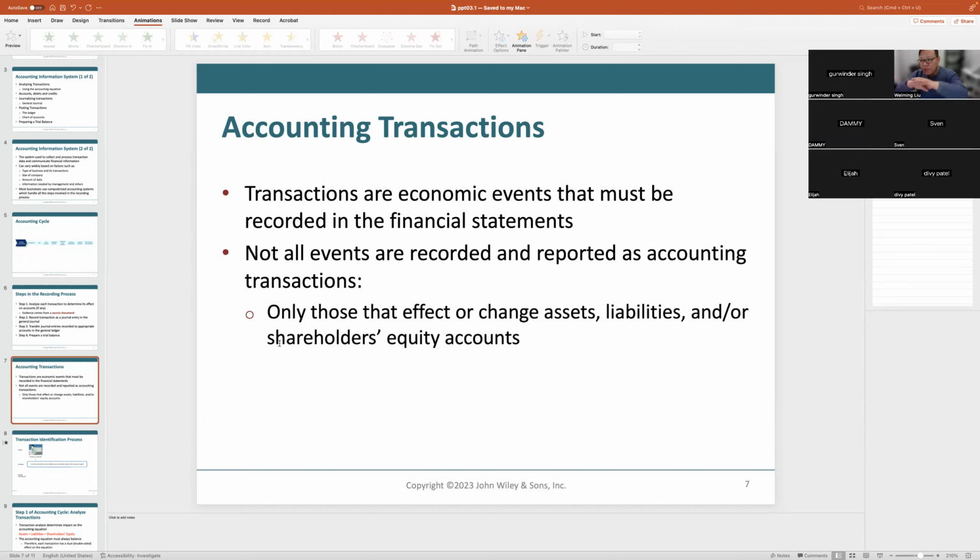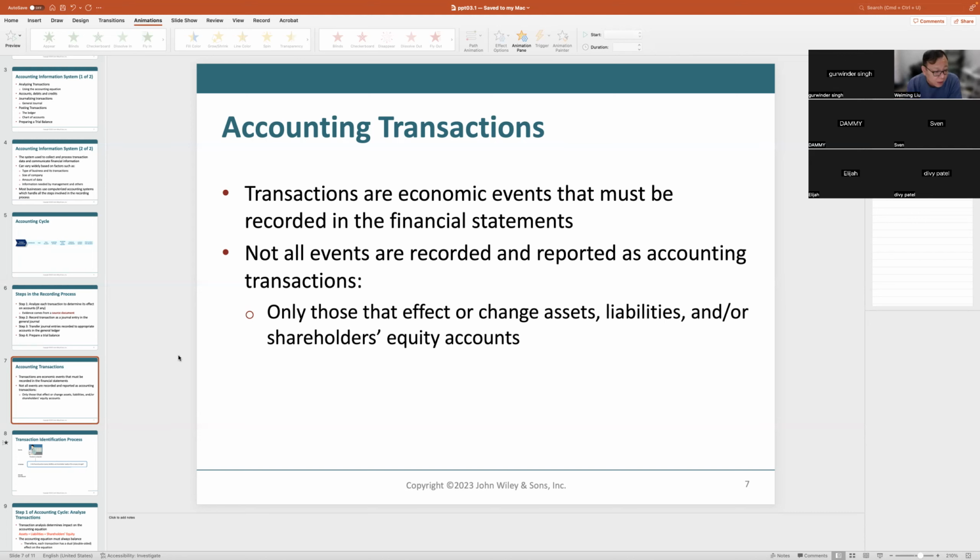There are lots of events happening, but not all of them will affect my asset, liability, or equity. Only those events that do have implications are the transactions of our interest.